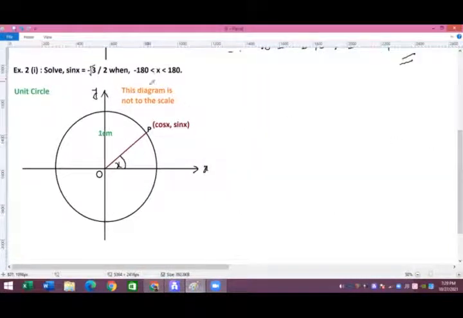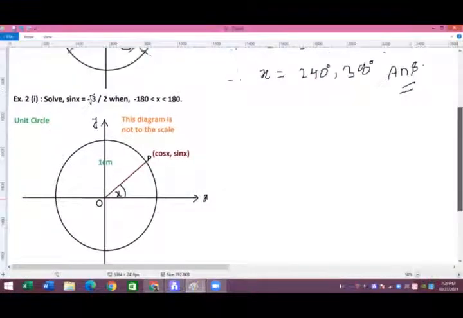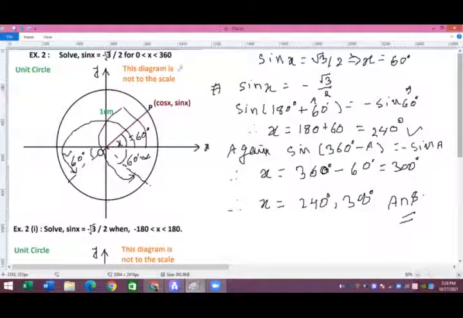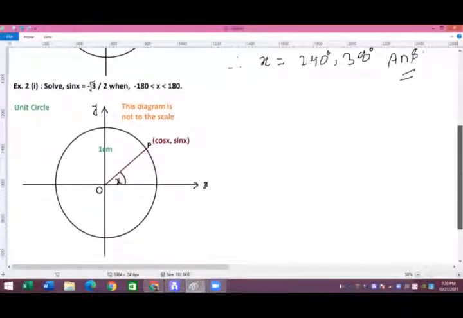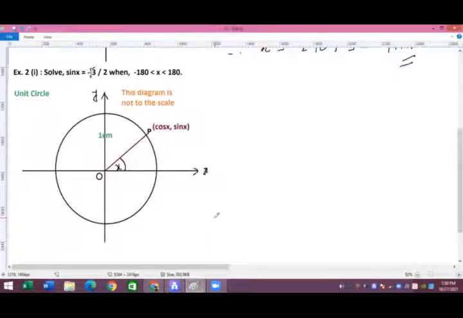Let's now see that instead of 0 to 360 degrees, now the only difference is that x is between negative 180 degrees and positive 180 degrees. The rest of the process is the same as we did here, but the only difference is that reading off the value according to the given range of x is different. So 180 degrees means we consider 180 degrees in the anti-clockwise direction, that is plus 180 degrees.